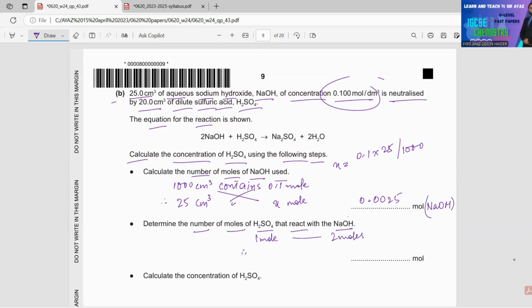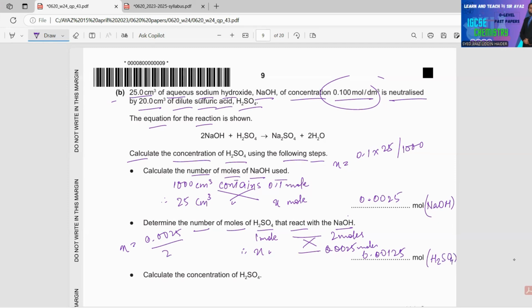Therefore, X mole reacts with 0.0025 moles of NaOH. Do the cross, the equation becomes X equal to 0.0025 divided by 2. And the answer will be 0.00125 moles of H2SO4.